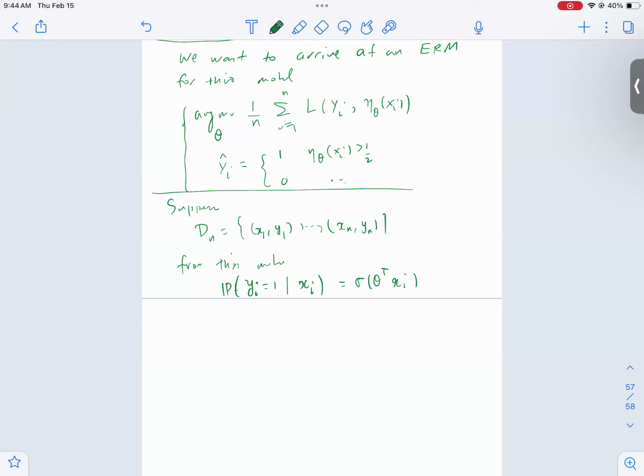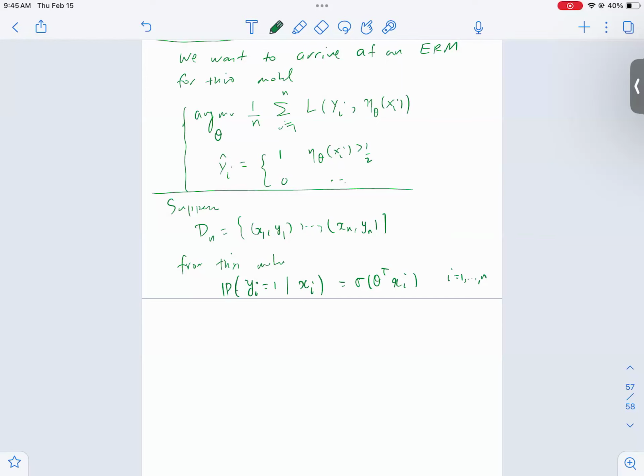So according to my model, these are IID, and this holds. So how can I estimate this parameter theta? Let's say you're a statistician, you're given this parametric model, and you want to estimate theta. What is the general approach that statisticians use?